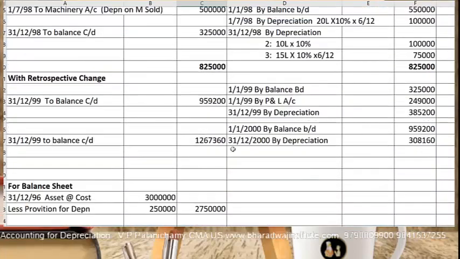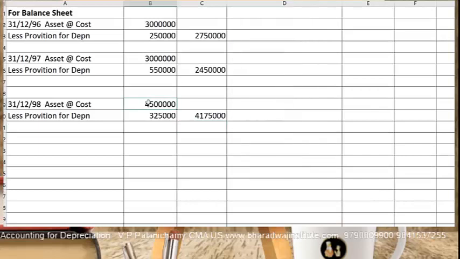Sorry, 25 lakhs. Sorry, not 45 lakhs. 25 lakhs minus 3,25,000 will give us 21,75,000. So like this, while preparing balance sheet, asset minus depreciation will be recorded.